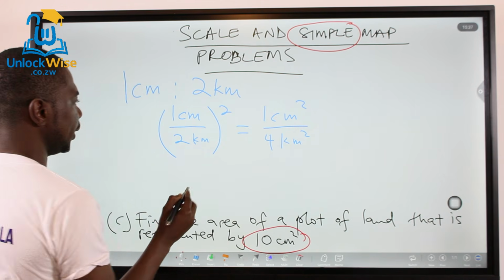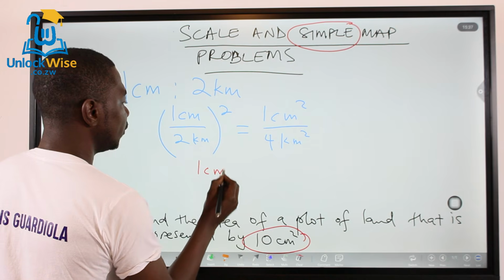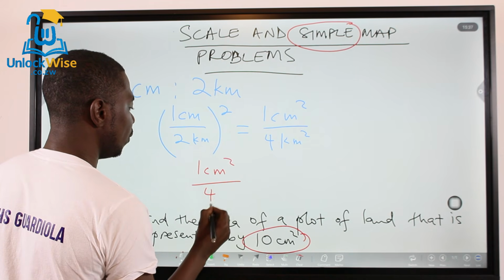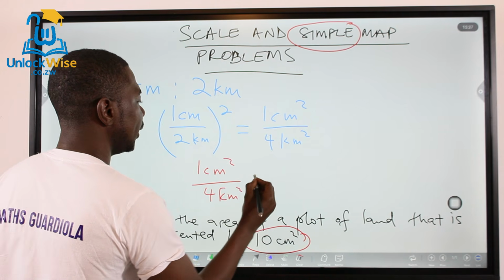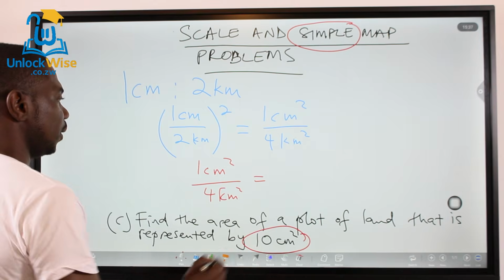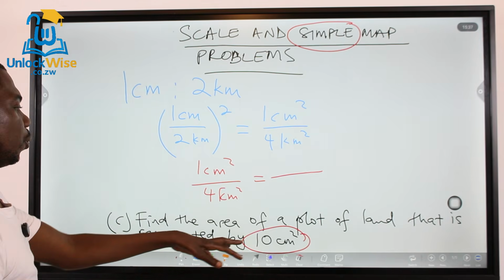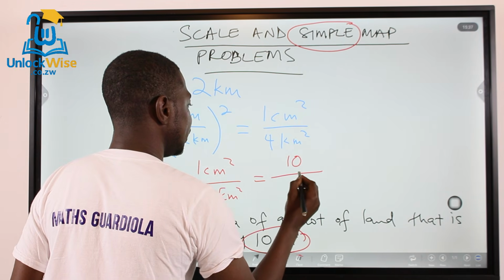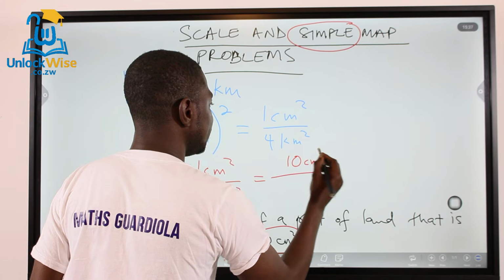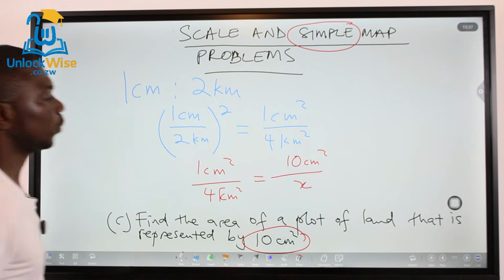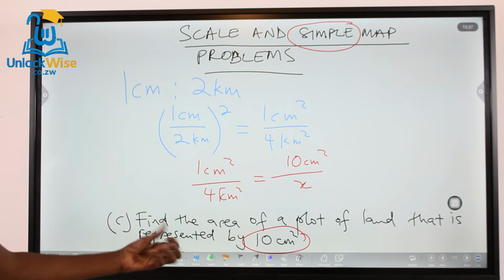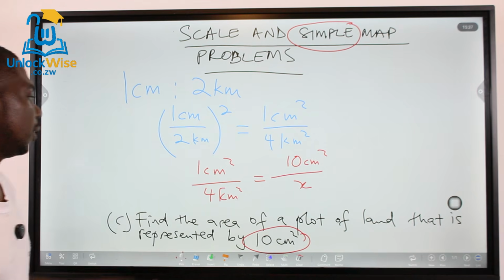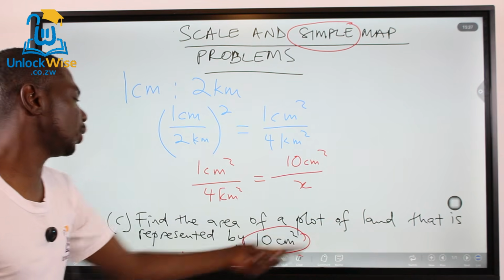So what we do here is we have 1 square centimeter over 4 square kilometers. And this will give us the plot we are asked, in square centimeters like this. So we want the value of the area of the plot on actual ground.